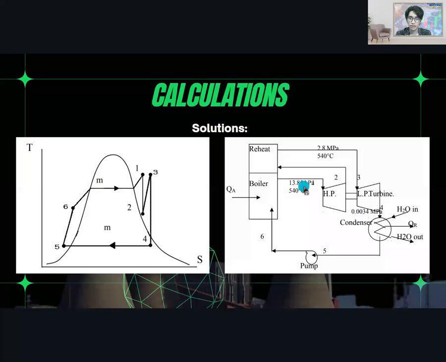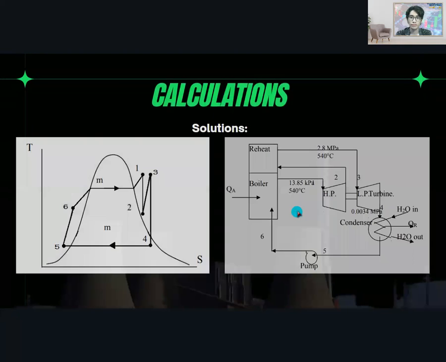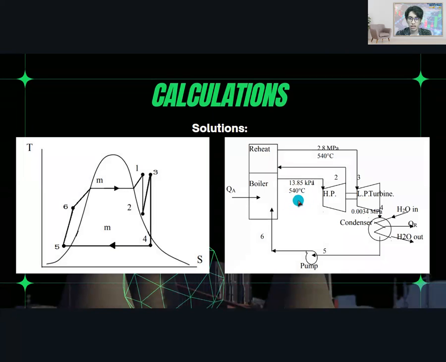From the boiler, we have 13,850 kPa at 540 degrees centigrade going to the high pressure turbine. It then leaves and enters the reheater, and then it goes up.